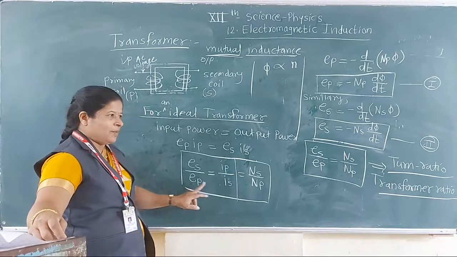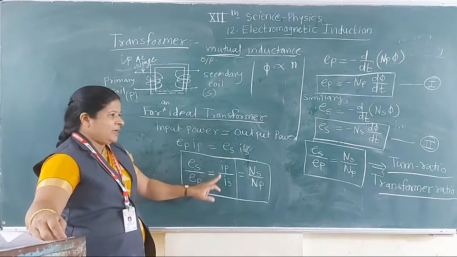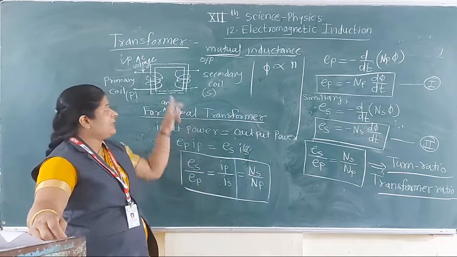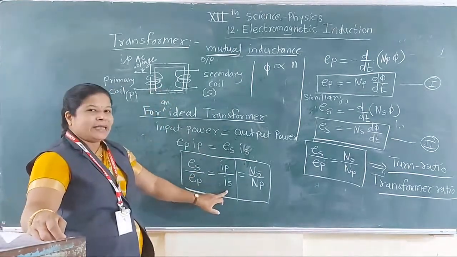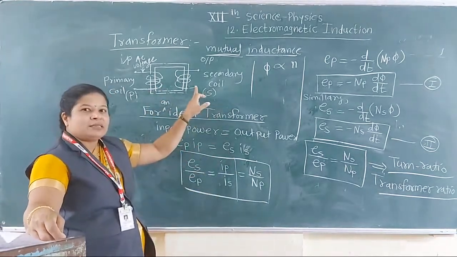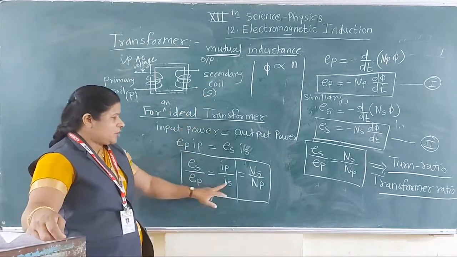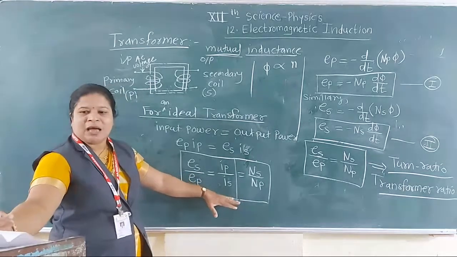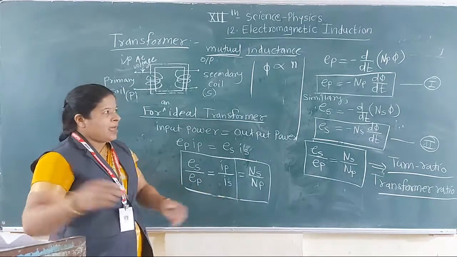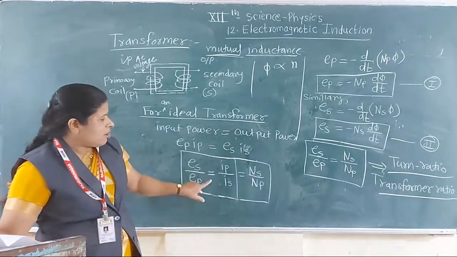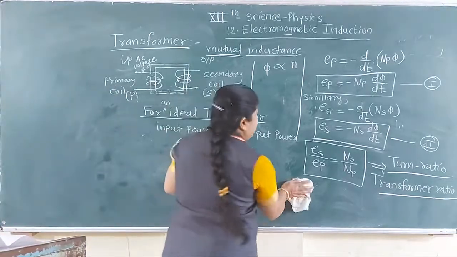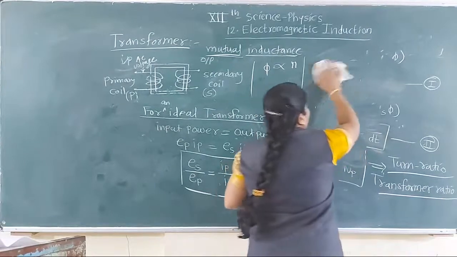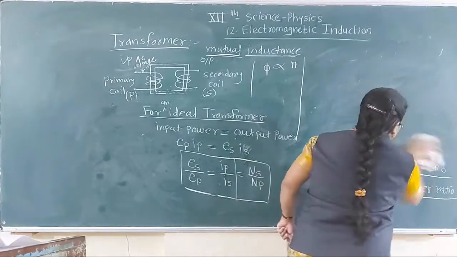IP means current flowing in the primary coil, and IS means current flowing in the secondary coil. So we get this important equation about the transformer, and from this equation we have two important cases.